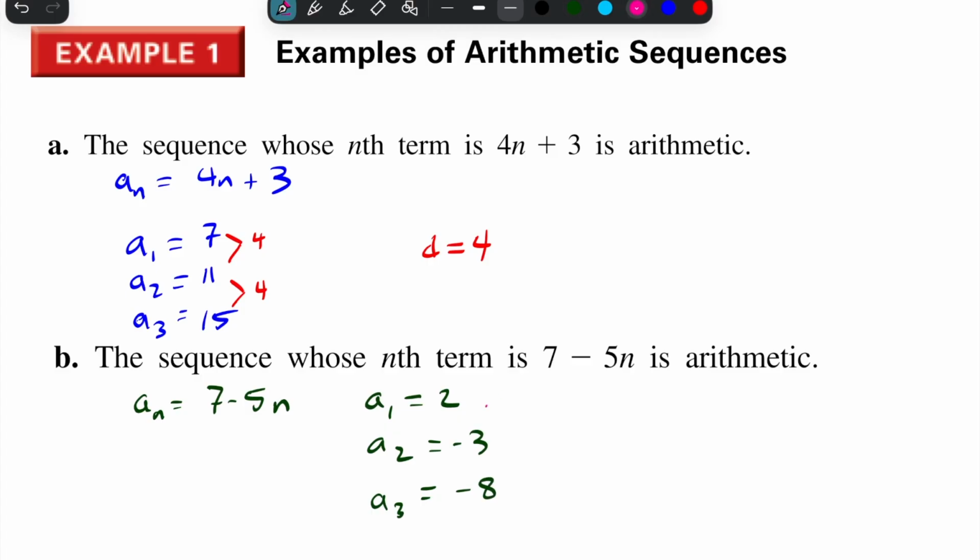Notice in this case, if I subtract negative 3 minus 2, I get negative 5. Negative 8 minus negative 3, I get negative 5. So this is a situation where the number we're adding, the common difference, is negative.